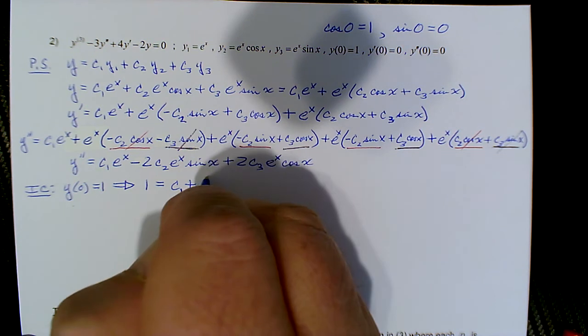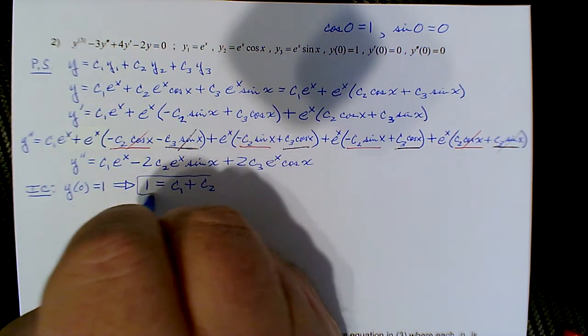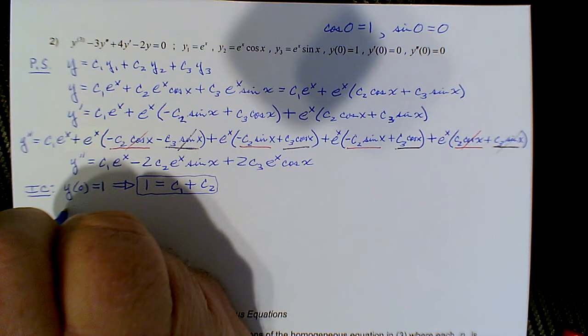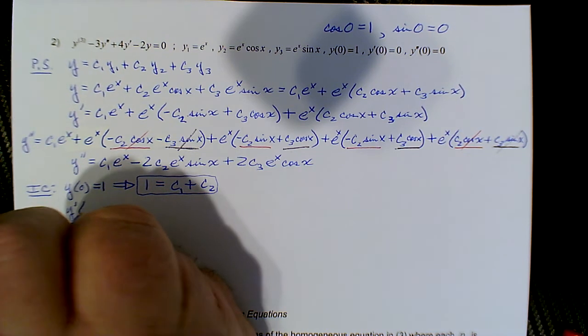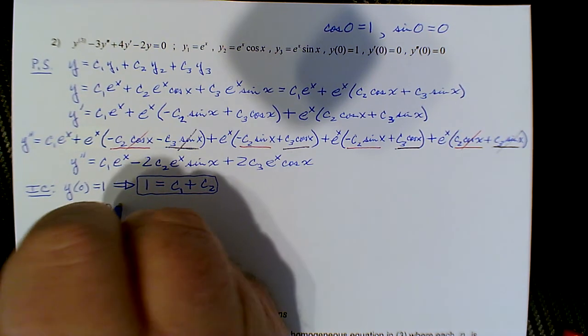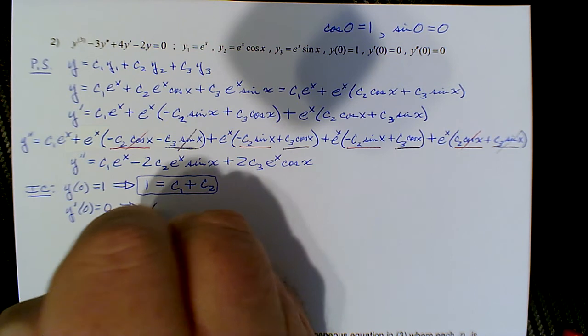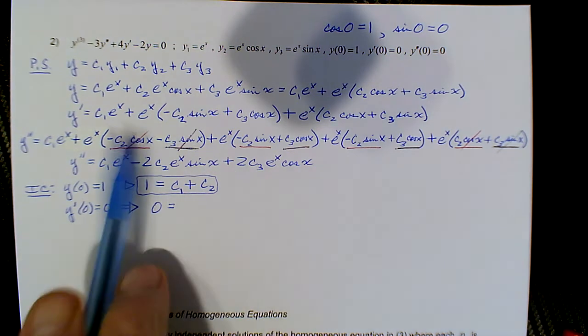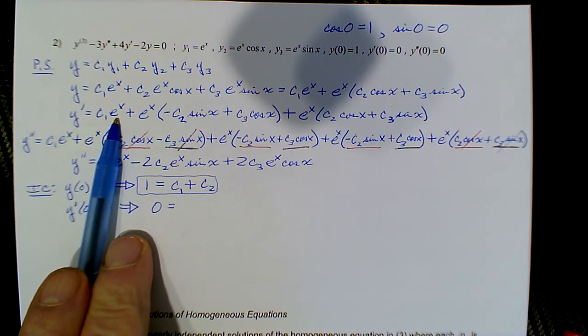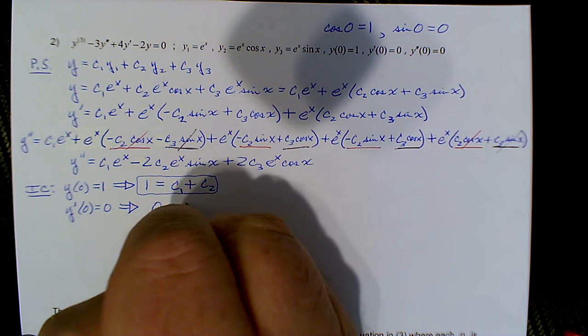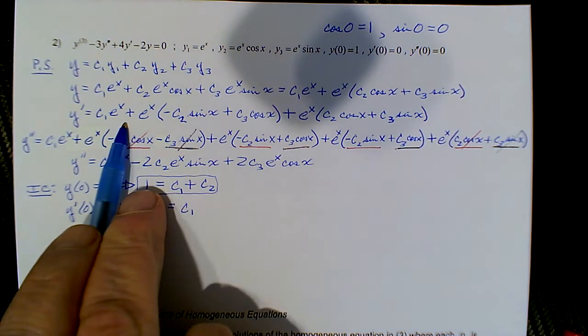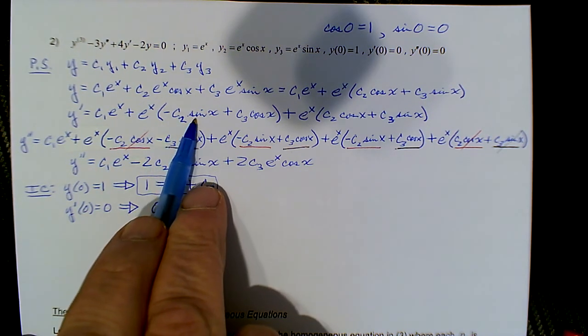There's one equation with two unknowns. Y prime of 0 was given to be 0. So we have that 0 is equal to, okay, into y prime, C1, e to the 0 is C1. And then we get plus, the signs go to 0, so this C3 stays.